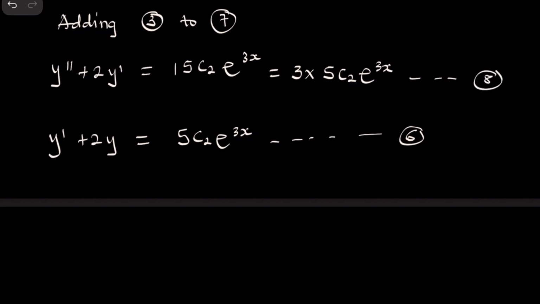Now let's look at something here. We have 5c2 e^(3x), and we also have 5c2 e^(3x) in equation 6. So this is equal to the left hand side of equation 6. So we can write y prime plus 2y in place of 5c2 e^(3x).